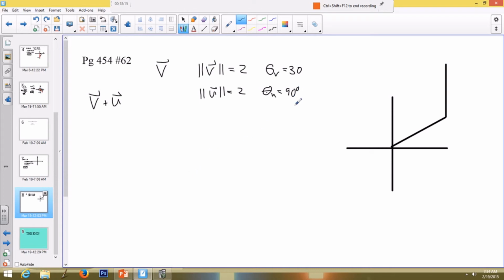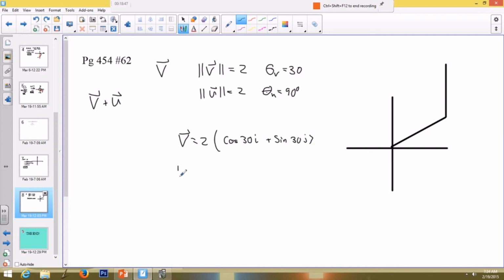All right, so I'm going to figure out the components of both v and u. Just like we did in the last one, v is going to be 2 times the cosine of 30 degrees times the i vector plus the sine of 30 degrees times the j vector.